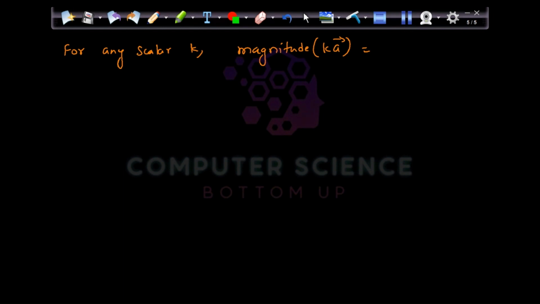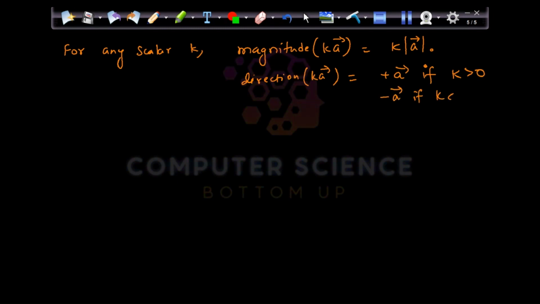It will be k times whatever the magnitude of the a vector was. And what will be the direction of k times a vector? It will be equal to plus a vector if k is greater than 0, or minus a vector if k is less than 0.